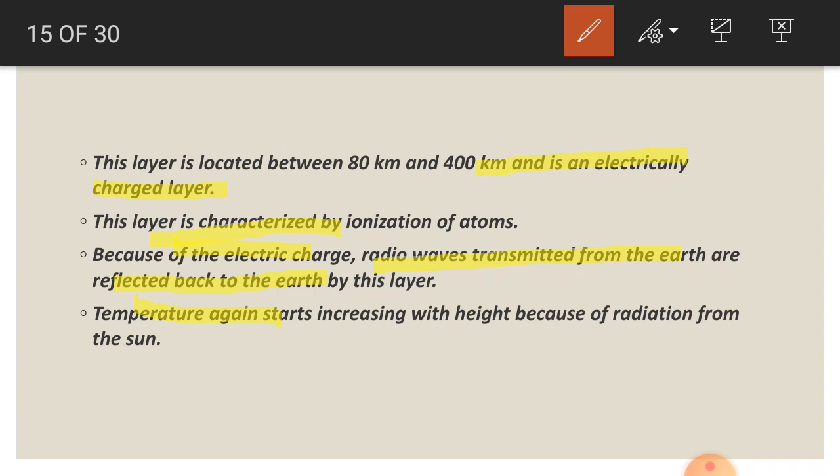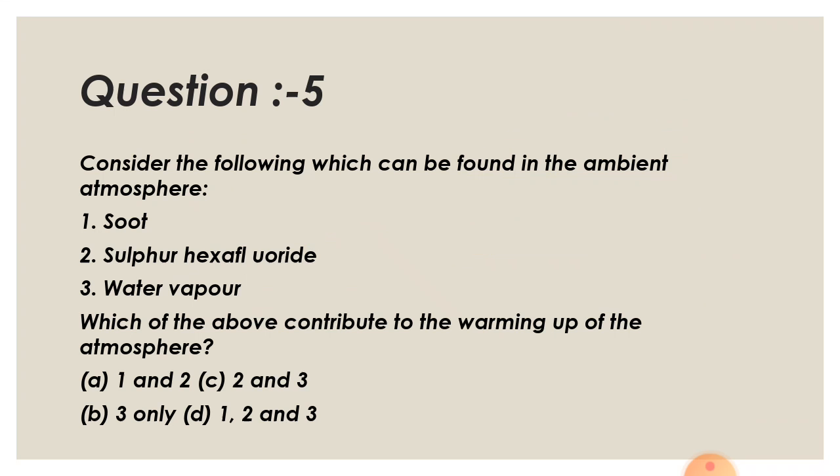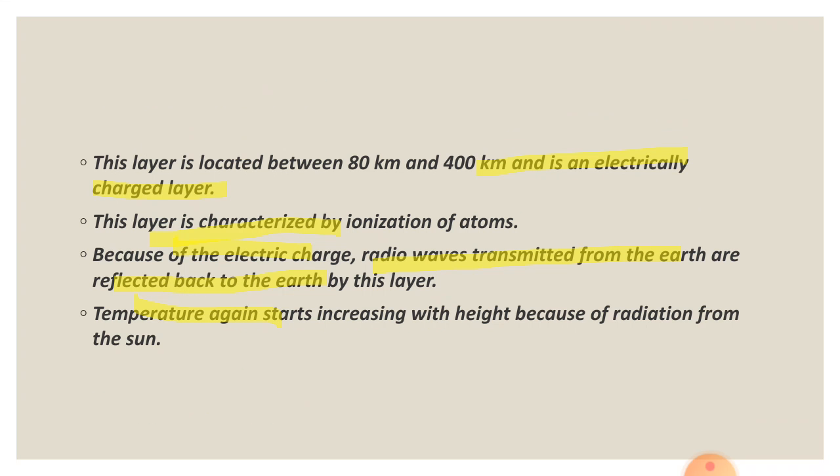Temperature again starts increasing with height because of the radiation from the sun. Obviously, as we move higher up in the atmosphere, we move towards the sun and we get more radiation and temperature starts increasing because of this. So this is basic information about the ionosphere, that it exists between 80 kilometers to 400 kilometers, electronically charged, with ionization of atoms.